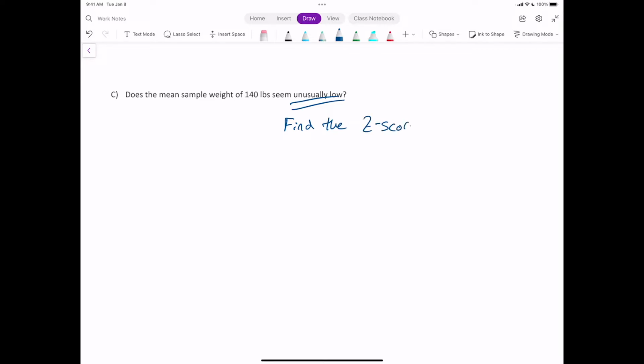Because remember, more than 3 standard deviations from the mean means, no pun intended, unusual. Okay? So we're looking for a z-score. If our z-score is more than 3.0 or less than a negative 3.0, remember z-score could be positive or negative, that means it's unusual.